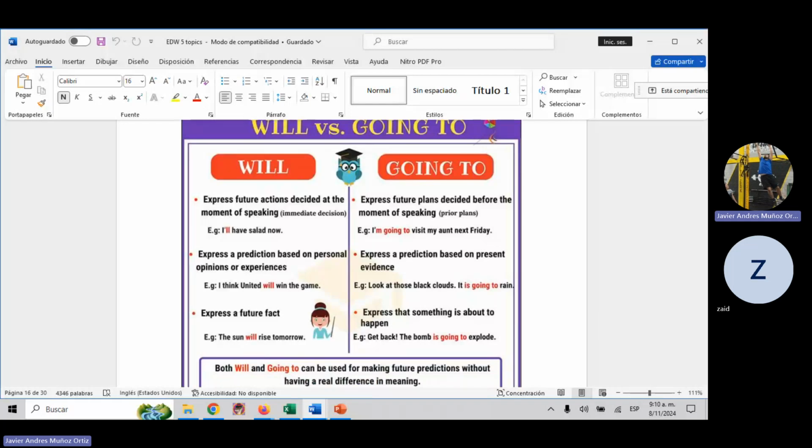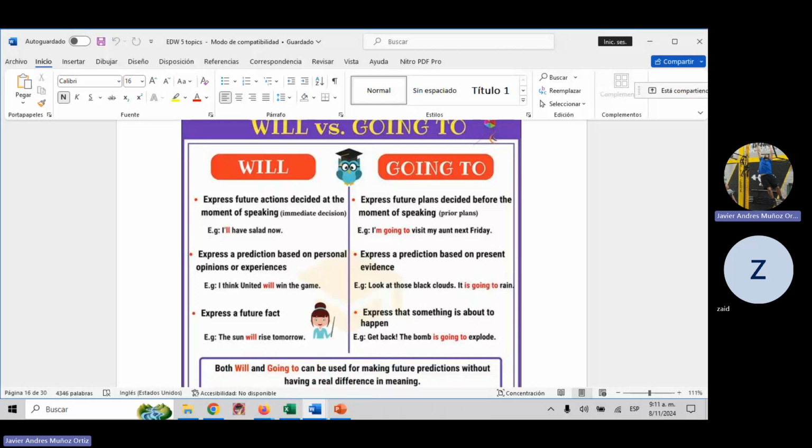Will and going to are used to express predictions, to predict something that's going to happen in the future. That's pretty obvious, right? But will is used to talk about a prediction based on a personal experience or personal opinions. So this is very subjective.